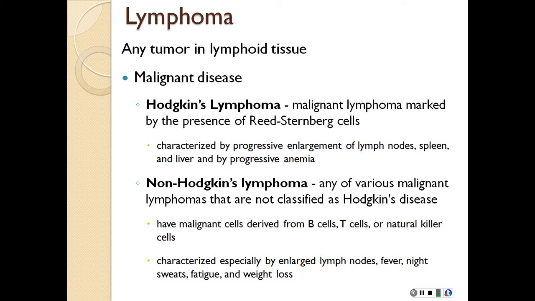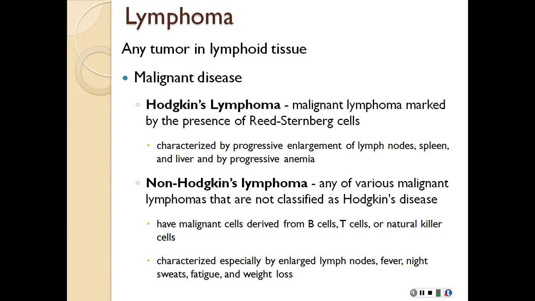And the two you should recognize by name are Hodgkin's and non-Hodgkin's lymphoma, and just recognize those as cancers of lymphoid tissue. Okay, both of them are malignant. So they're characterized by enlarged lymph nodes, fever, night sweats, fatigue, and weight loss.